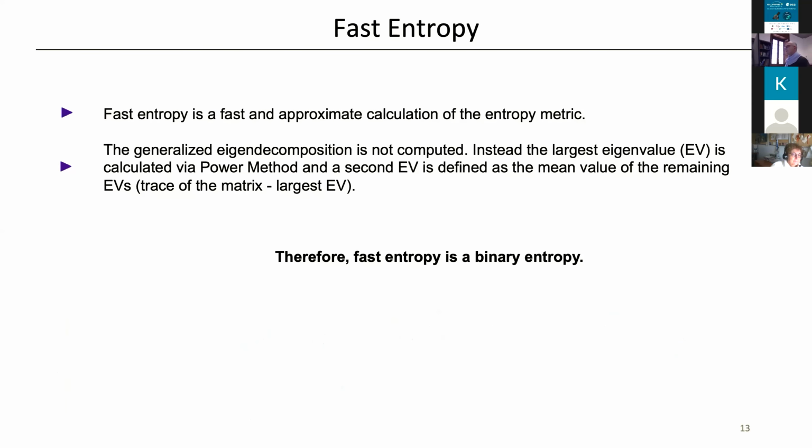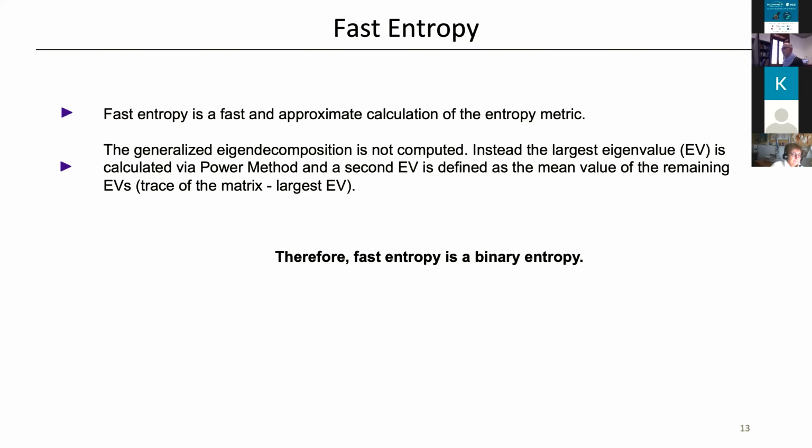So now the last part of the presentation is a consideration about a different method that we call fast entropy. This method has been considered to alleviate the computational complexity of the calculation of the eigenvalues. Essentially, we approximate the calculation because we just calculate the largest eigenvalue with a very powerful and fast method.